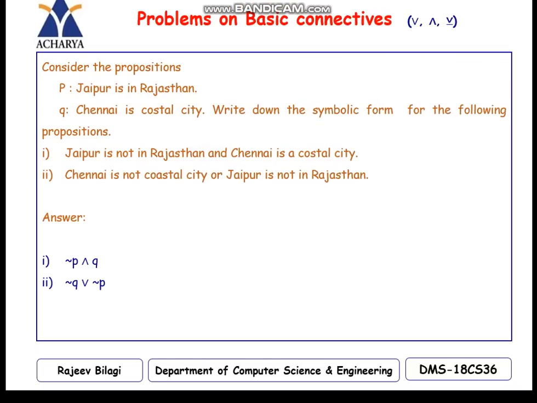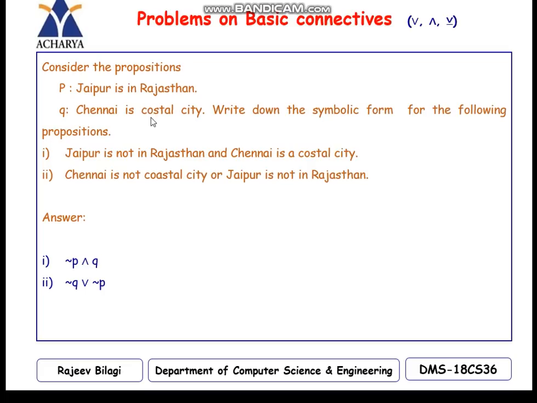We will solve one problem based on this. Now I'll write one particular statement P: Jaipur is in Rajasthan. As I told earlier, I am not going to check the correctness. I am considering whatever statement is given. Second statement Q: Chennai is a coastal city.